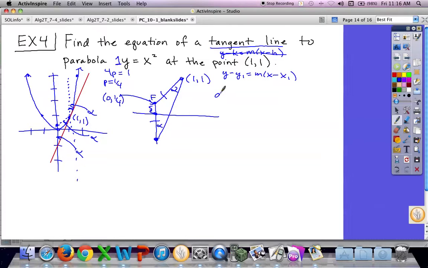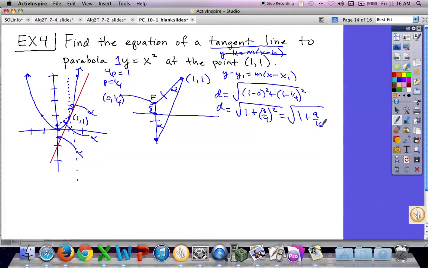So distance formula: d equals the square root of (1 minus 0) squared plus (1 minus 1/4) squared. d equals the square root of 1 plus (3/4) squared, which is the square root of 1 plus 9/16. d is the square root of (16 plus 9) over 16, which is the square root of 25 over 16, which is 5/4.